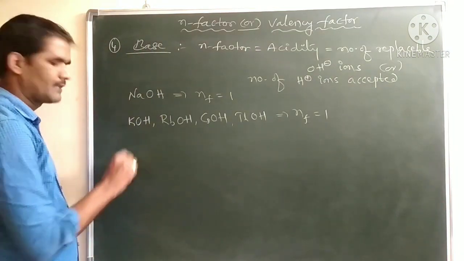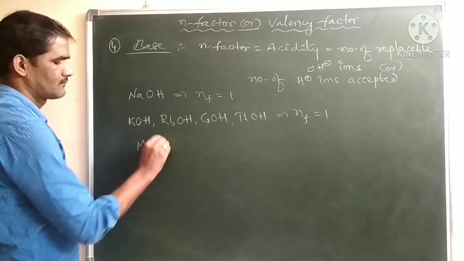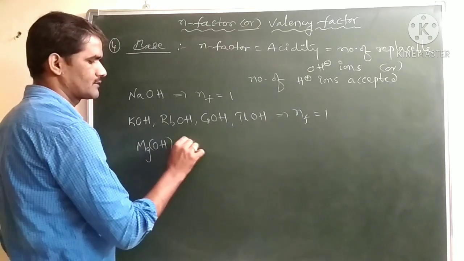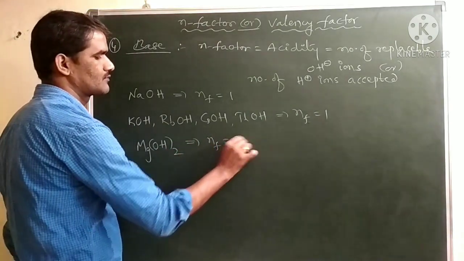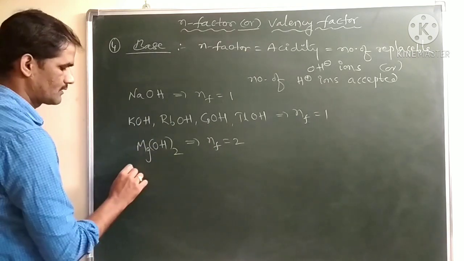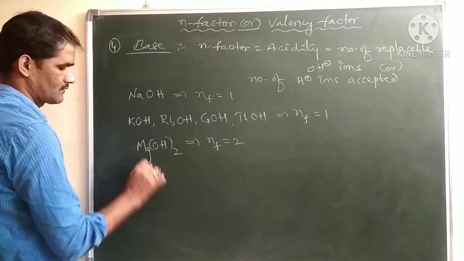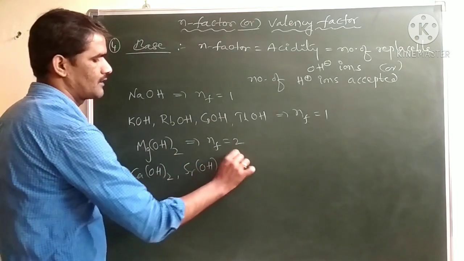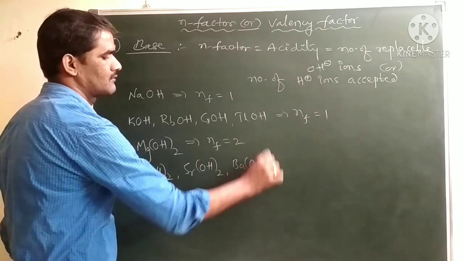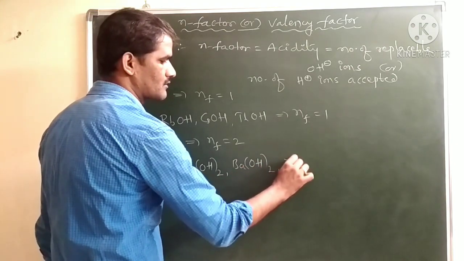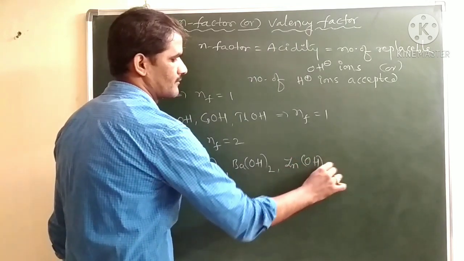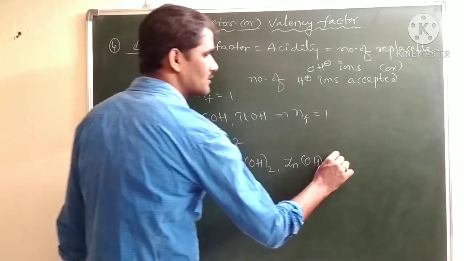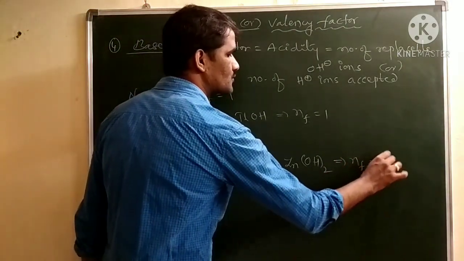Similarly, magnesium hydroxide. Here 2 replaceable OH minus. So N factor is 2. Similarly you can take calcium hydroxide, strontium hydroxide, barium hydroxide, and zinc hydroxide. In all these cases the number of replaceable OH minus is 2. So N factor is equal to 2.